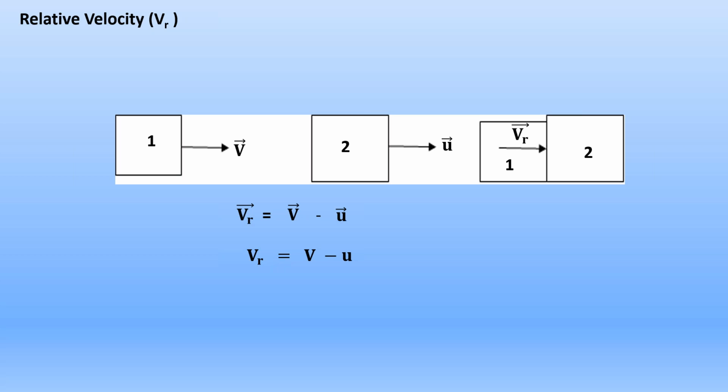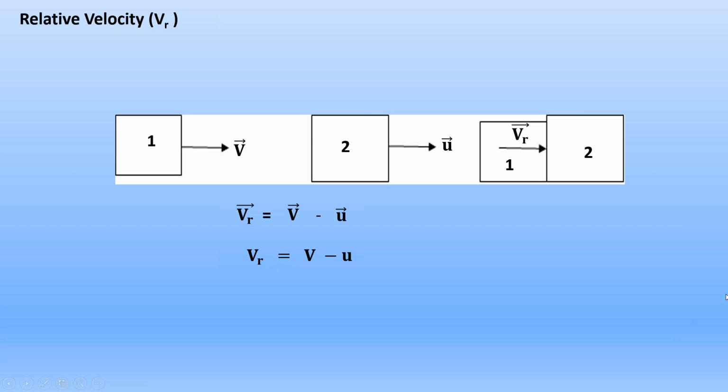During that striking, when the first body impacts the second body, it strikes with relative velocity, not with absolute velocity v bar. Since the second body is also moving, the first body strikes the second body with relative velocity, indicated as vr bar in the diagram.